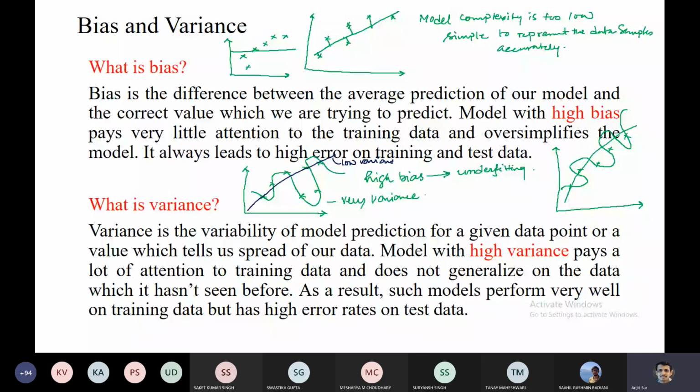You see, low variance has somewhat higher error rate in training cases than this high variance counterpart.